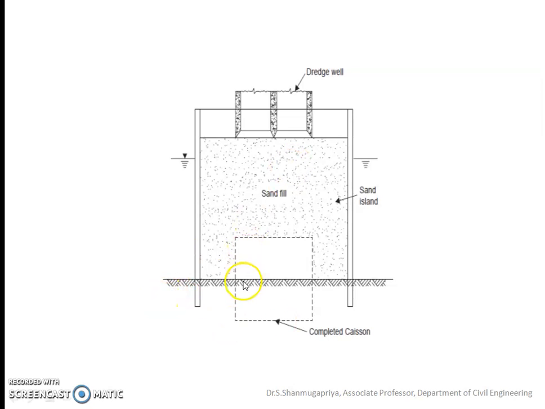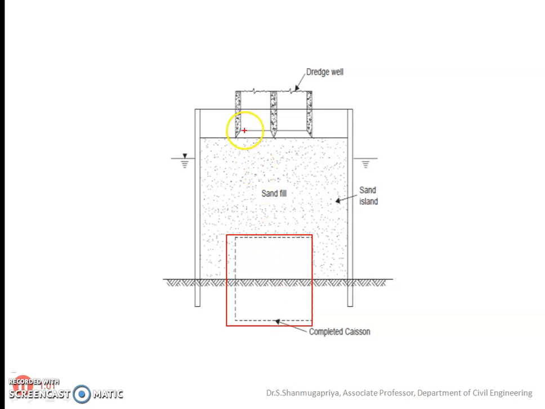Here you can see this is the open caisson, which is open at the top and the bottom during construction. We'll see how you do this sinking of the open caisson and how this caisson is brought to the required depth.